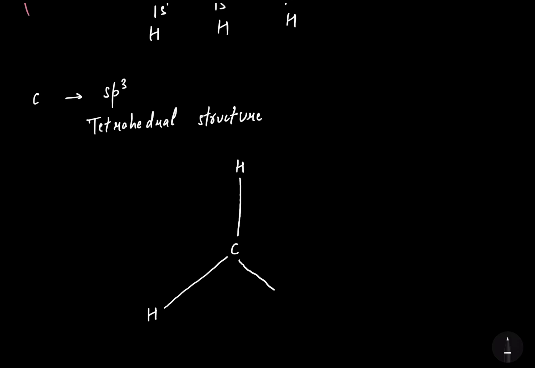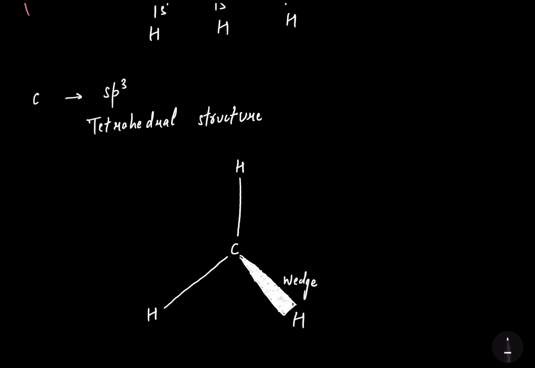Now this is called wedge. Wedge stands for, that means this bond is coming out of the screen. Try to understand. This is called wedge. Wedge stands for this bond or this hydrogen is coming out of the screen.